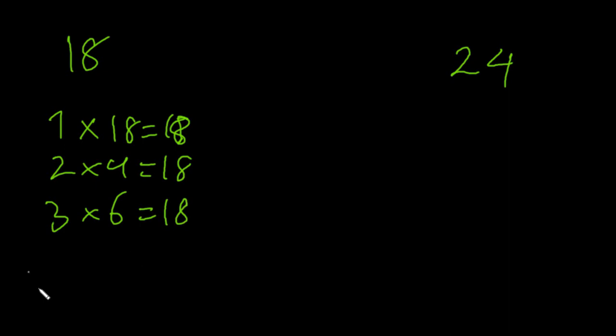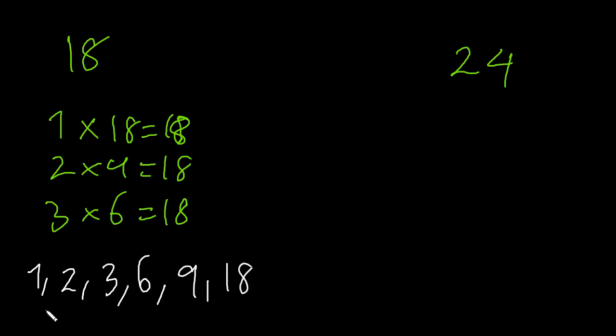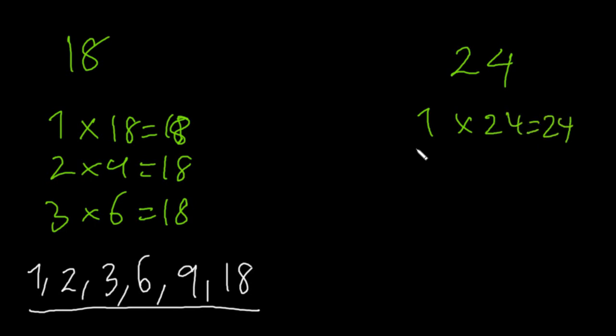I'm just going to go ahead and write them out: 1, 2, 3, 6, 9, and 18. Alright, so those are our possible factors of 18. Now what about 24? Let's list our factors of 24. We have 1 times 24, 2 times 12.